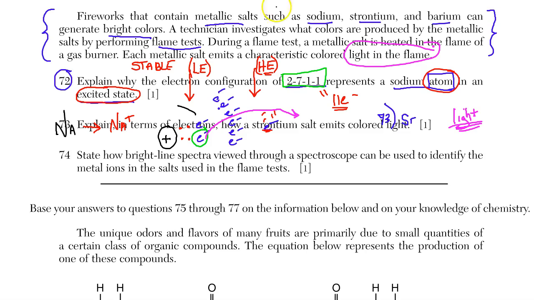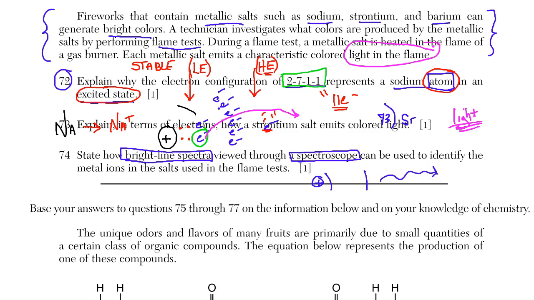Number 74. So in number 74, state how bright line spectra, and then that, by the way, is just another fancy way of saying light viewed through a spectroscope. And don't get crazy with that. That's just a device that helps take the light emitted from atoms that were excited. That means they did what?